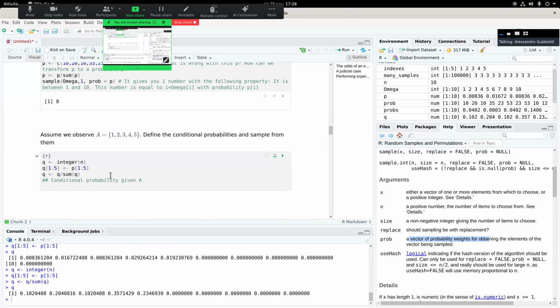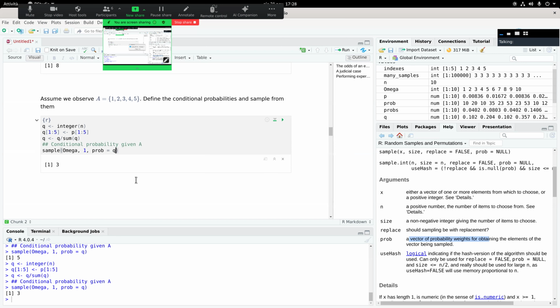You see, I will never obtain an element greater than 5. Does it make sense? Do I need to repeat it? Makes sense.